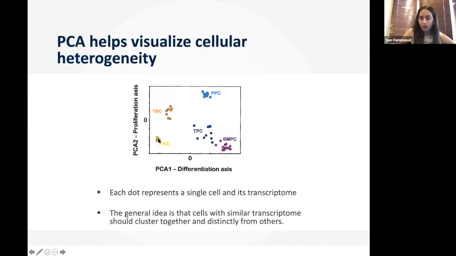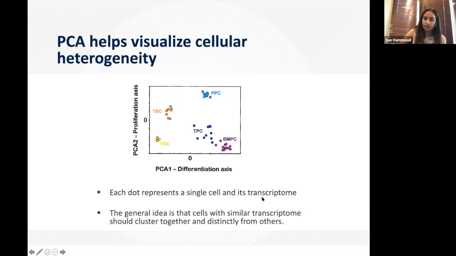Cells that are more closely related are usually in very close proximity to each other within the PCA plot, and these are usually used to define distinct cell types. The most important feature is that similar transcriptomes should cluster together to define particular cell types.